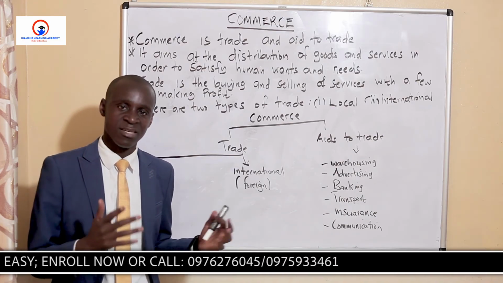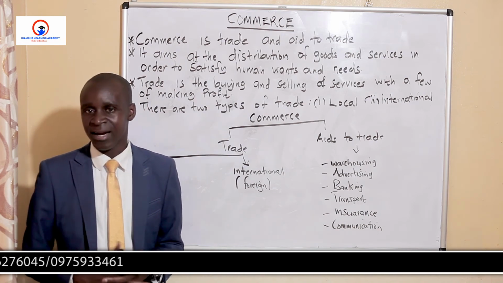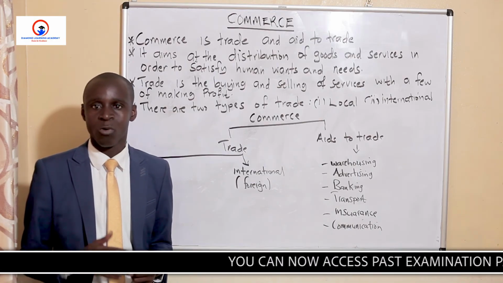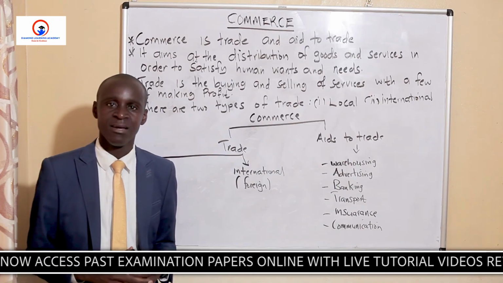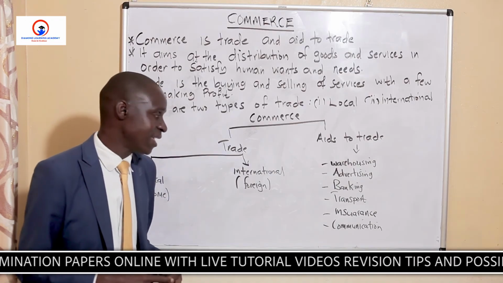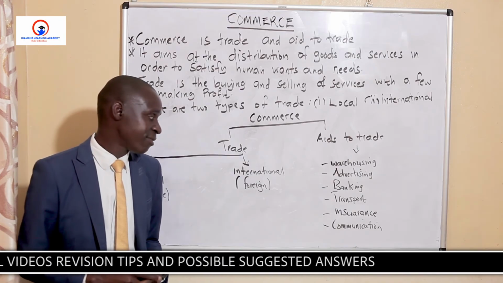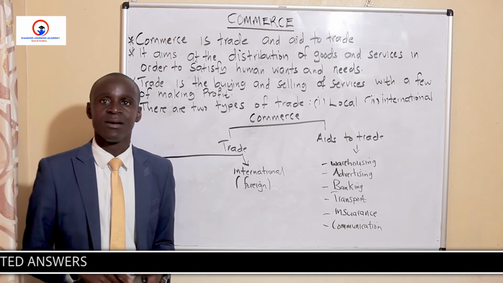There are various types of insurance that you and I must come to know: third-party policy, comprehensive insurance. In other presentations and sessions, we'll look at the types of insurance in a much deeper way.